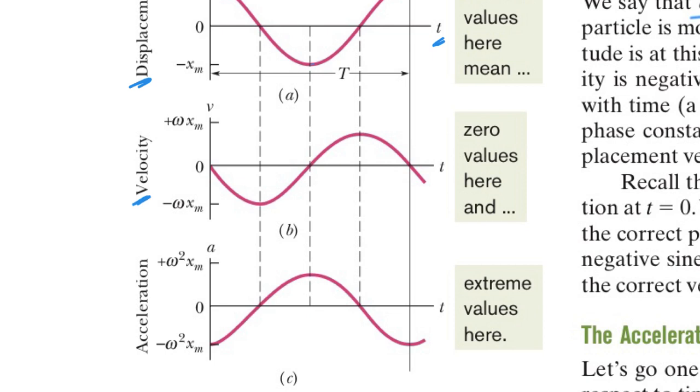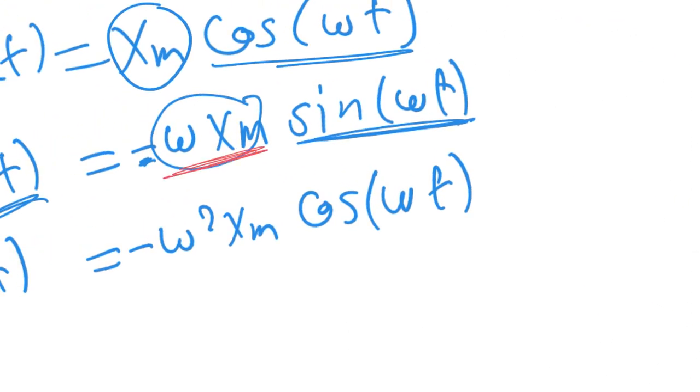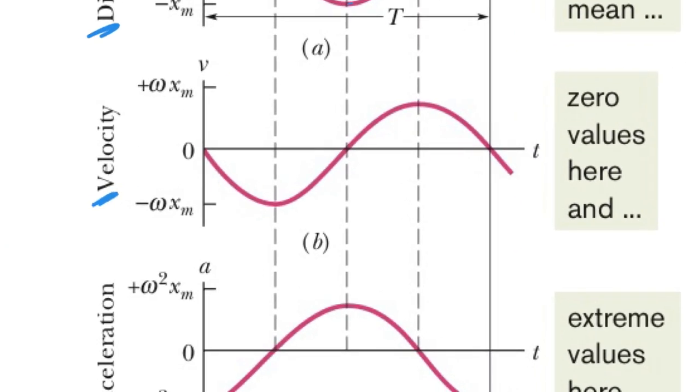It means we know that the sine function is like that, but because it is a minus, this will become down and this will become up. We will get this shape. Okay, and here the amplitude is omega xm. Because of that, we write here omega xm and here omega xm. Here is the plus and here is the minus.